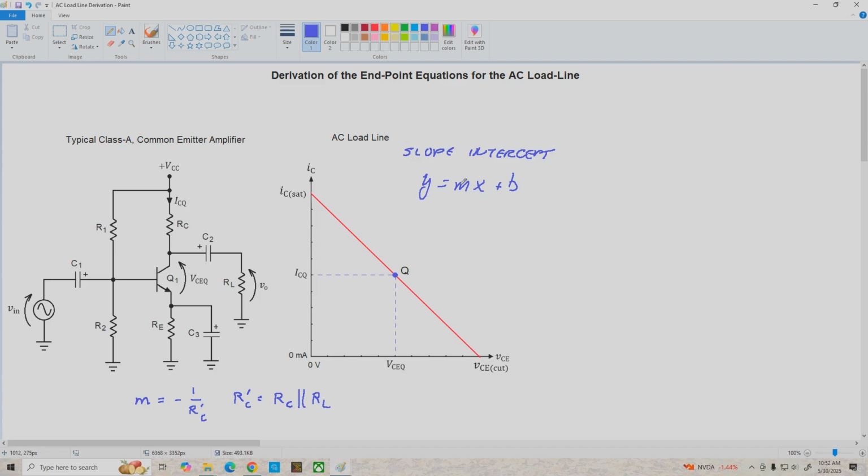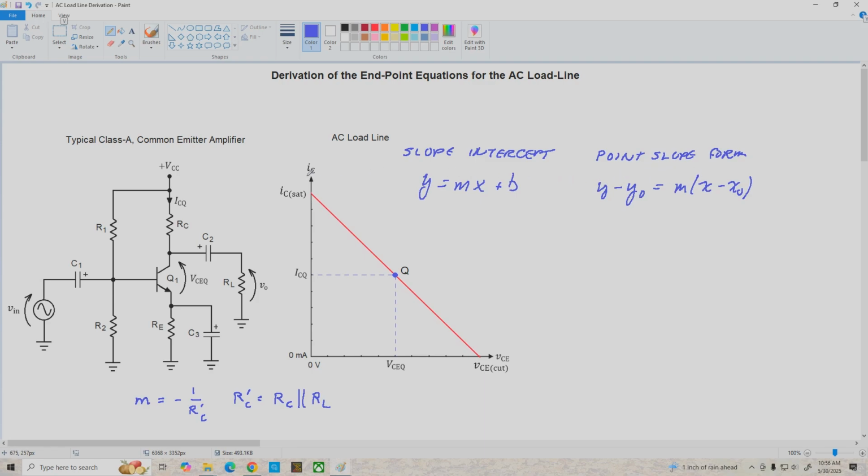Instead, we're going to use what's called the point-slope form. And this expression says y minus y sub 0, or y naught, is equal to m times x minus x naught. And in this form, we have the following identities.